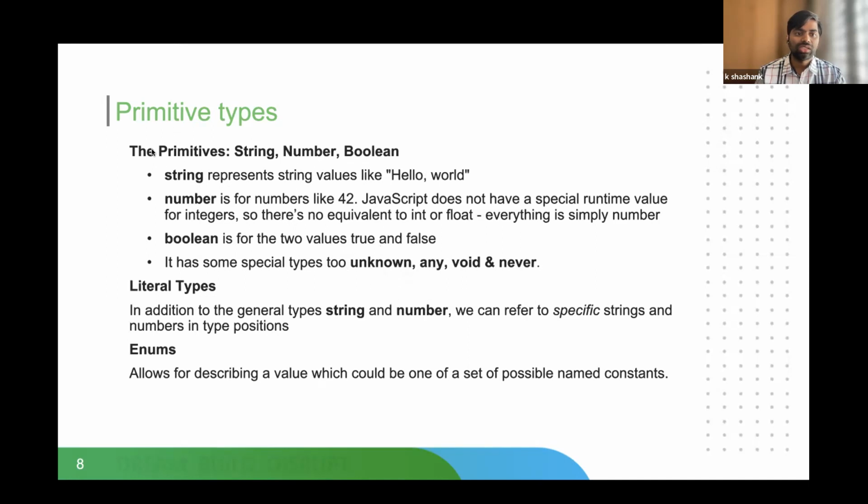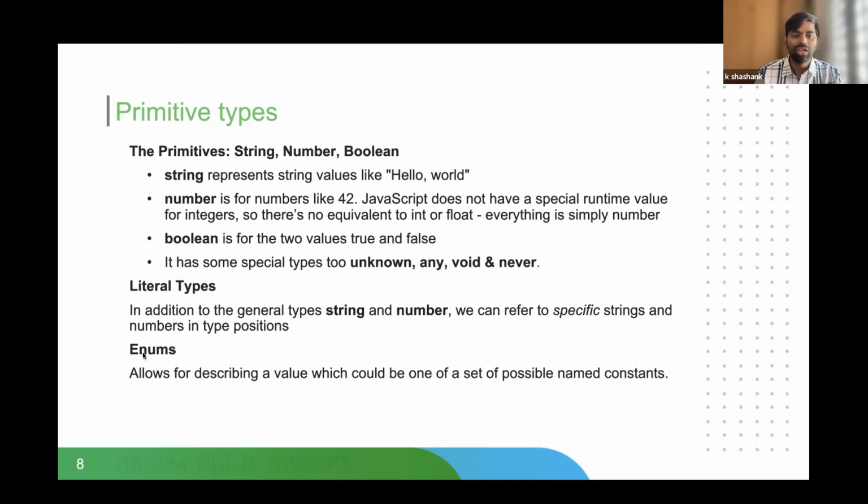Apart from these, we have literal types. The primitive types mean a string can be any string and a number can be any number, but literal types mean it is a particular string, or a particular number, or a particular type of object. Those are the kind of literal types we have in TypeScript. We will look at these examples in a few minutes.